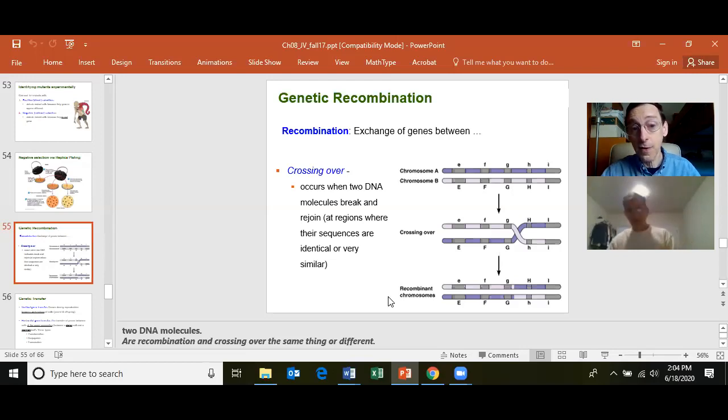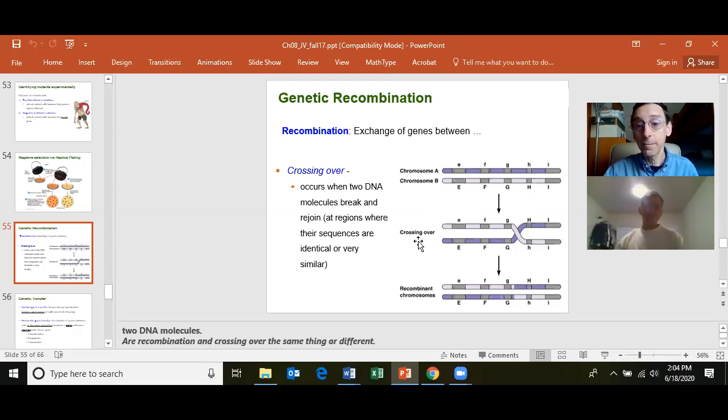But yes, they are different in the sense that recombination is just talking about genes, and then the genes recombining, whereas crossing over is specifically talking about the chromosomes recombining and breaking.